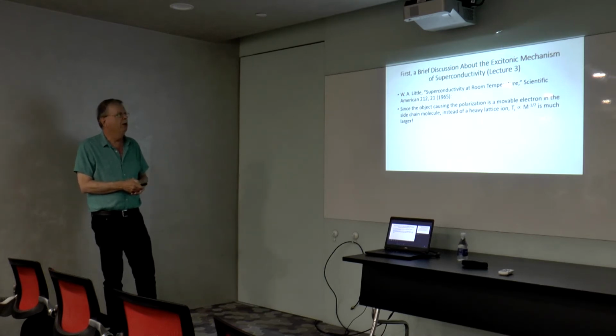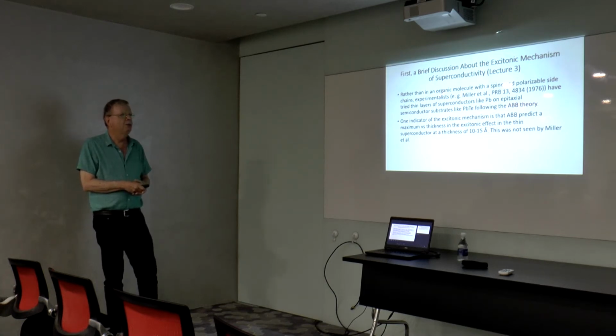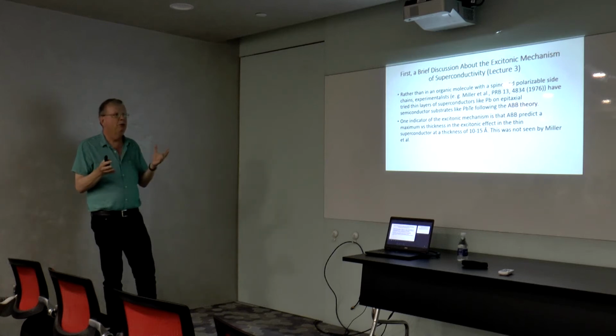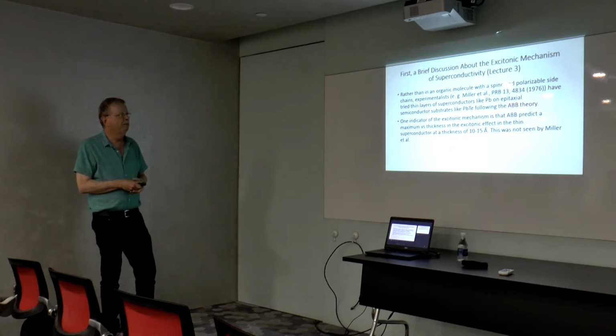So rather than polarizing organic molecules, which isn't really something you can do in a complete fashion, following the theory of the Alan de Bray and Bardeen theory that I mentioned in an earlier slide, people started trying to take a superconductor on a semiconductor substrate and tried to see if they could get an excitonic mechanism occurring in the semiconductor substrate.